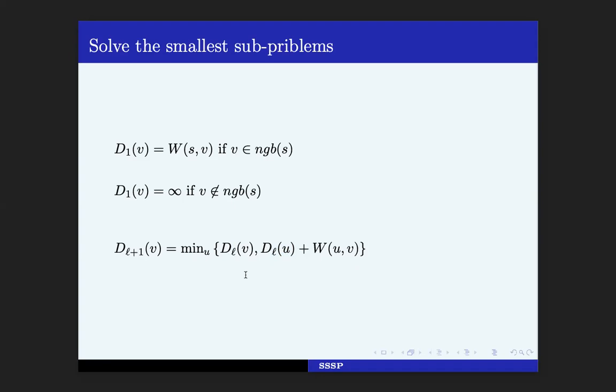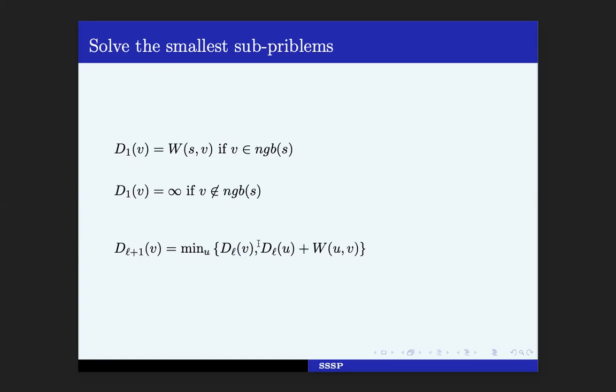Now you want to calculate the shortest path from S to V using L plus 1 steps. So what can be done? It must be that either the shortest path from S to V using at most L plus 1 edges actually uses fewer than L edges. In that case, I will take this one, the shortest path from S to V using L edges.